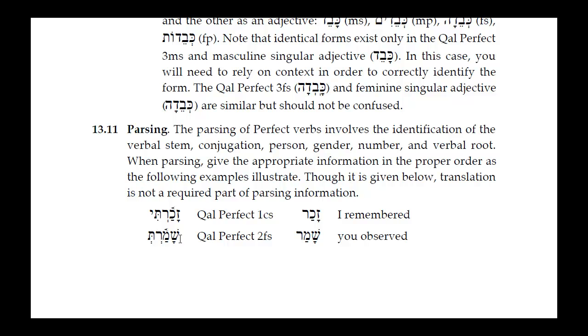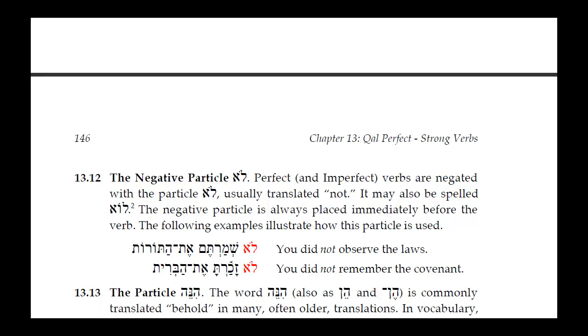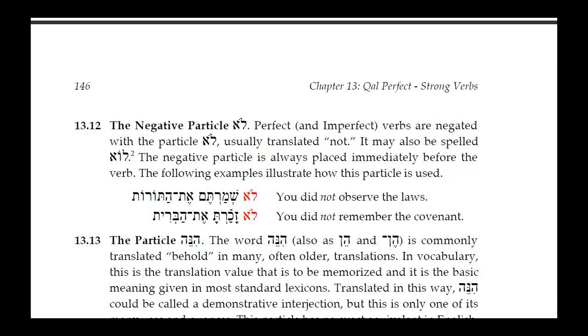We would say this is Qal stem, perfect conjugation, second feminine singular, from the root shamar, you observed. So that's what we want to do to parse these: give the stem, the conjugation, the person, the gender, and the number.